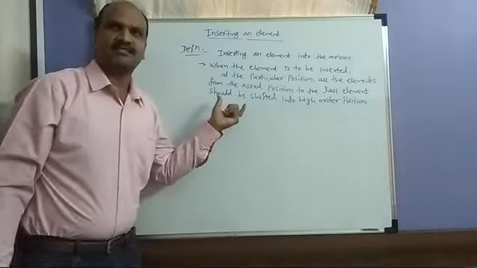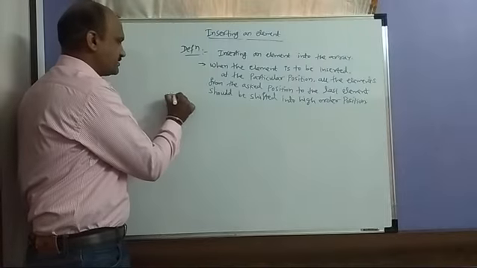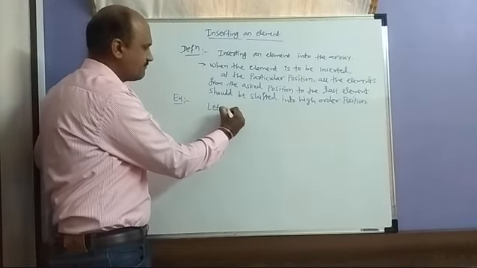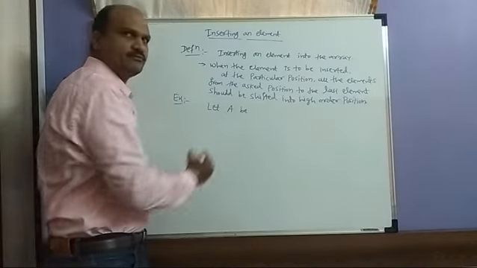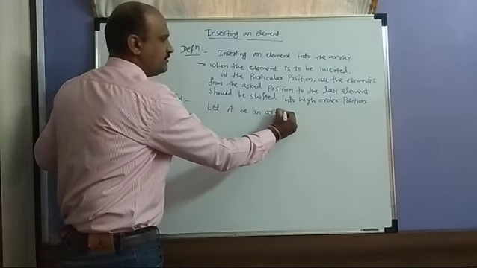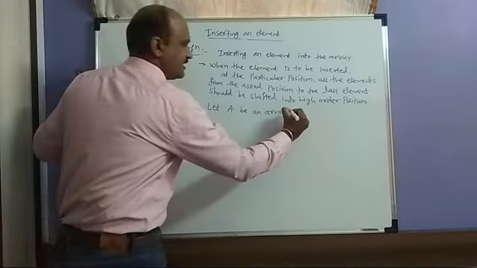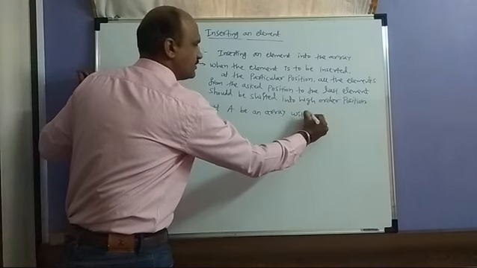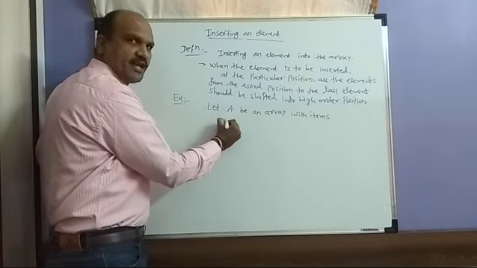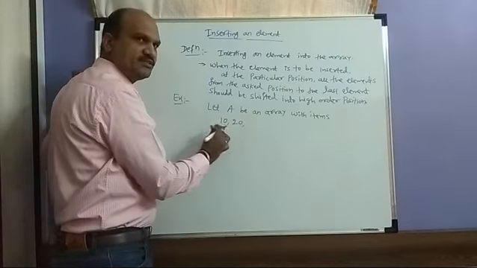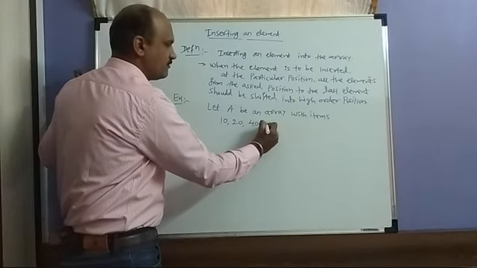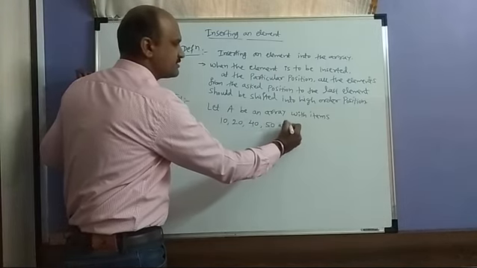So I will take a simple example. Let A be an array with the items 10, 20, 40, 50 and 60.